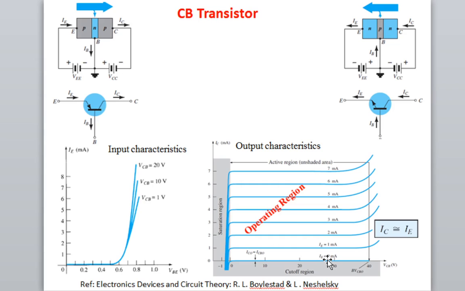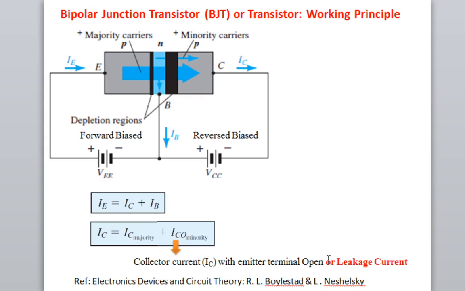Now, in the case of a bipolar junction transistor, you have 3 terminals: emitter terminal, base terminal, and collector terminal. Based on these 3 terminals, how can one use these transistors? Here I have explained the principle when the base is common between input and output.